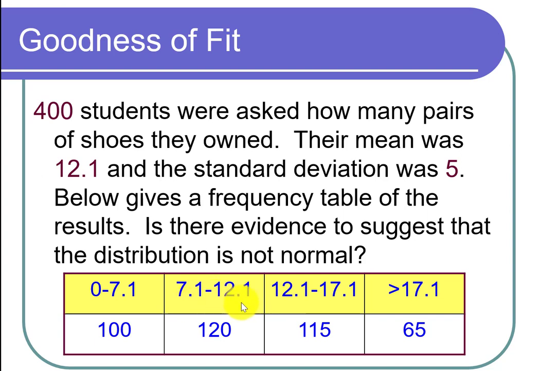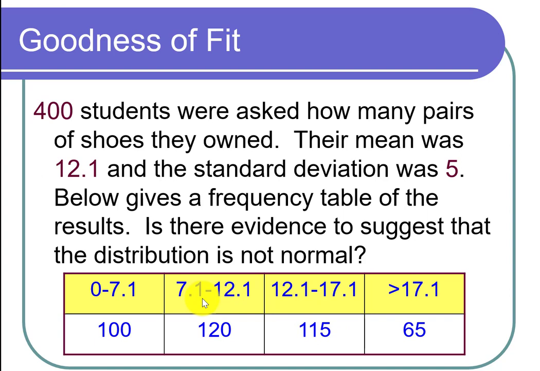So 7.1 to 12.1 represents one standard deviation below the mean to the mean. And 12.1 to 17.1 is one standard deviation above the mean. And then these are the outsides, 0 to 7.1 and greater than 17.1.